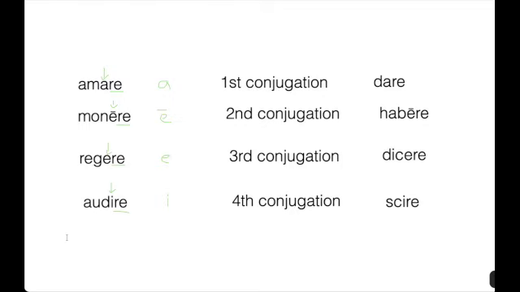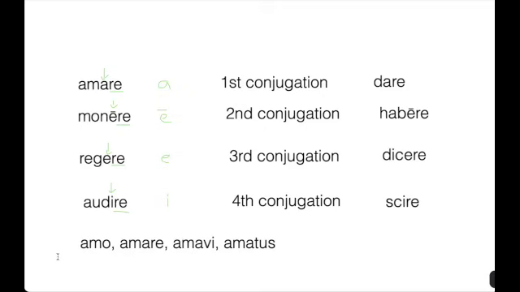Now when you look these verbs up in a dictionary or online, they will usually be listed with four forms. These are called the four principal parts. So for example, when you look amo up or amare up, it will usually look like amo, amare, amavi, amatus. These are its four principal parts.